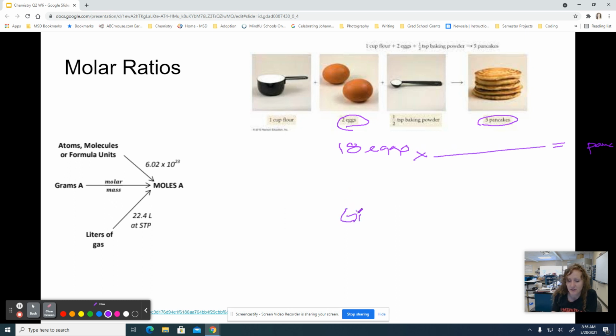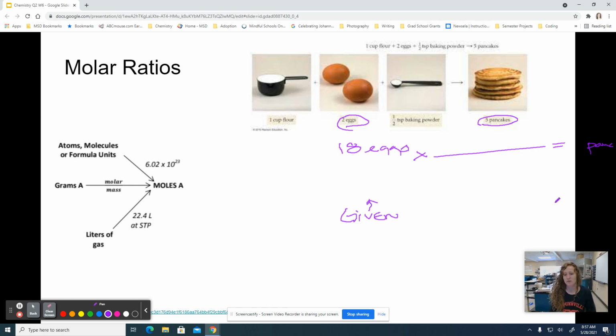We have our given or our measured amount that's specific to this problem. Not every day will I find myself with 18 eggs, right? Some days I may find myself with 3 eggs. Some days I might find myself with 1 egg, but today I happen to find myself with 18 eggs. This amount is specific to my context right now.